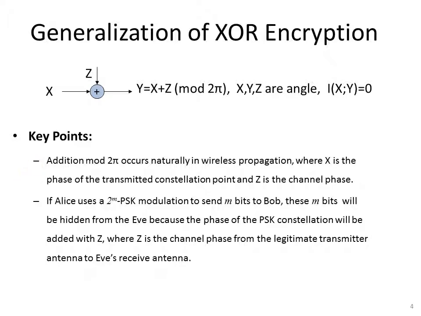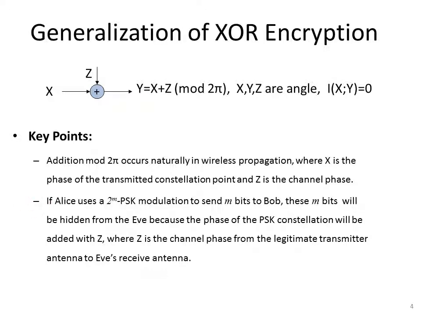The first point is that the addition modulo 2π occurs naturally in wireless propagation, where X is the phase of the transmitted constellation point and Z is the channel phase. So you can consider Z as the channel phase to the eavesdropper, which is unknown to the eavesdropper. Consequently, when we transmit X, the eavesdropper will receive X plus Z, and under certain conditions that will be discussed, will not be able to extract any useful information about X.